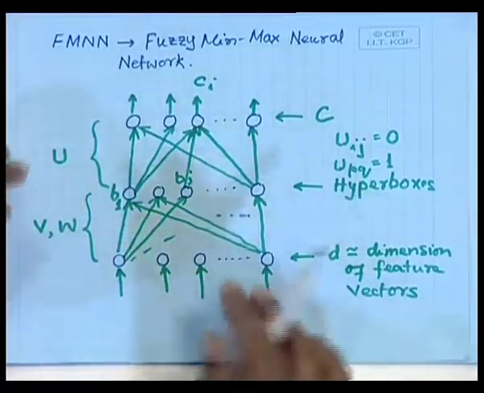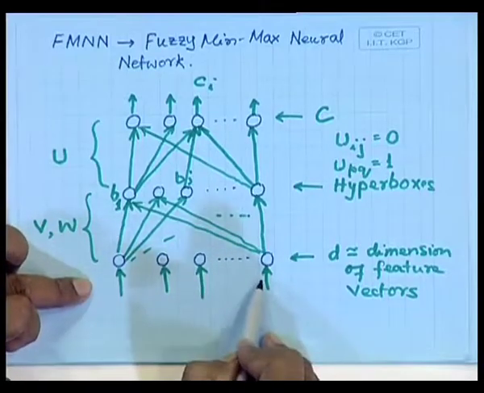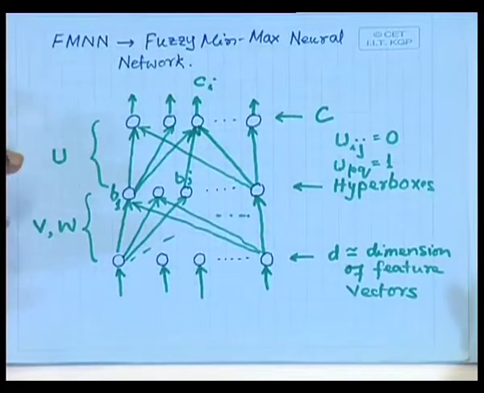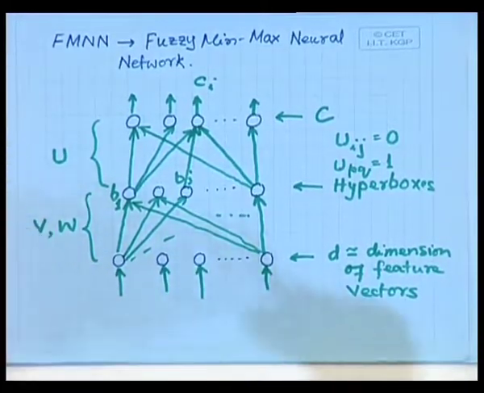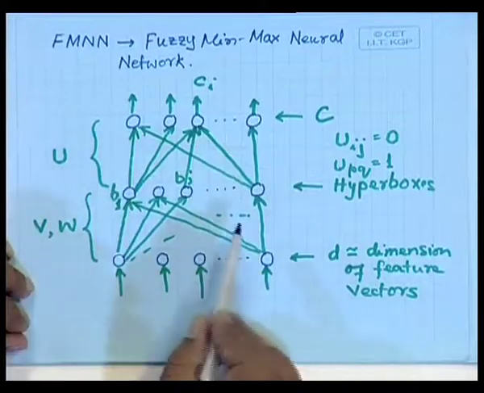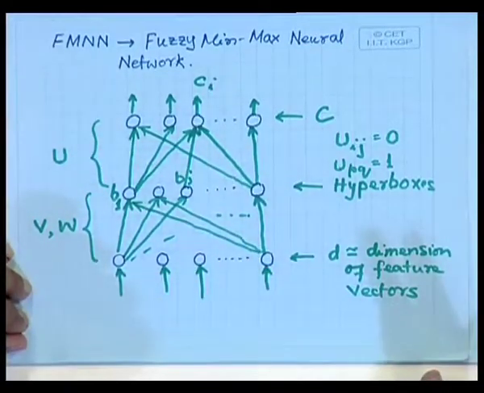Initially I have the output layer nodes and the input layer nodes. The number of output layer nodes is fixed, the same as the number of classes. The number of input layer nodes is also fixed, the same as the dimensionality of the feature vectors. The nodes in the middle layer, the hyperbox nodes, are created while training.